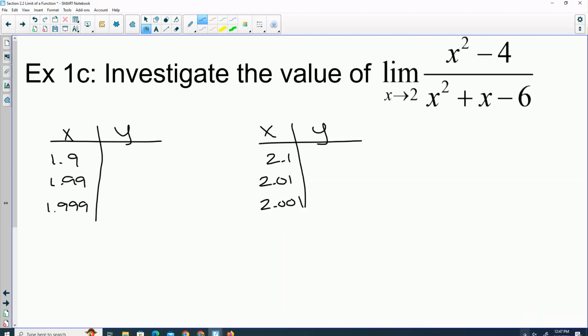All right, plug in your respective numbers. 1.99 squared minus 4 over 1.99 squared plus 1.99 minus 6. Caitlin, what'd you get? 0.79996.